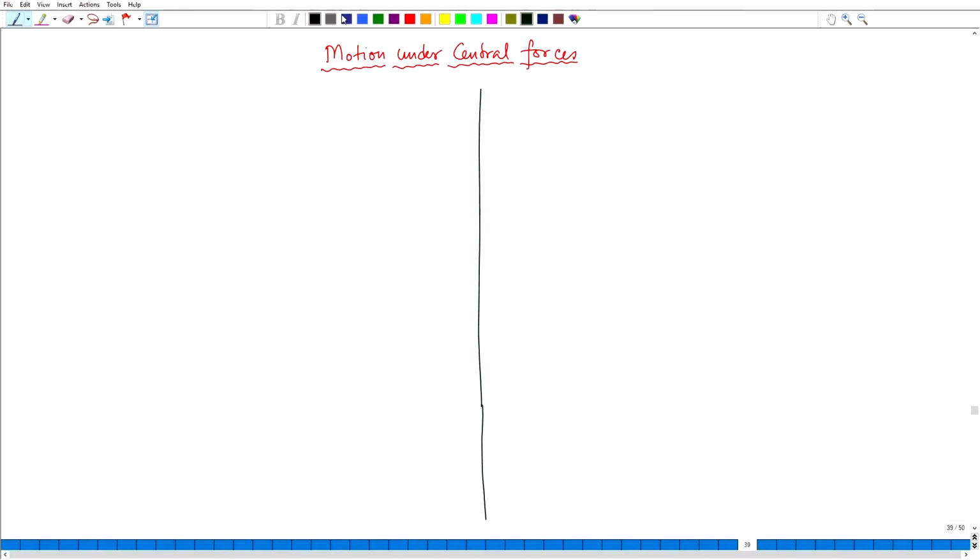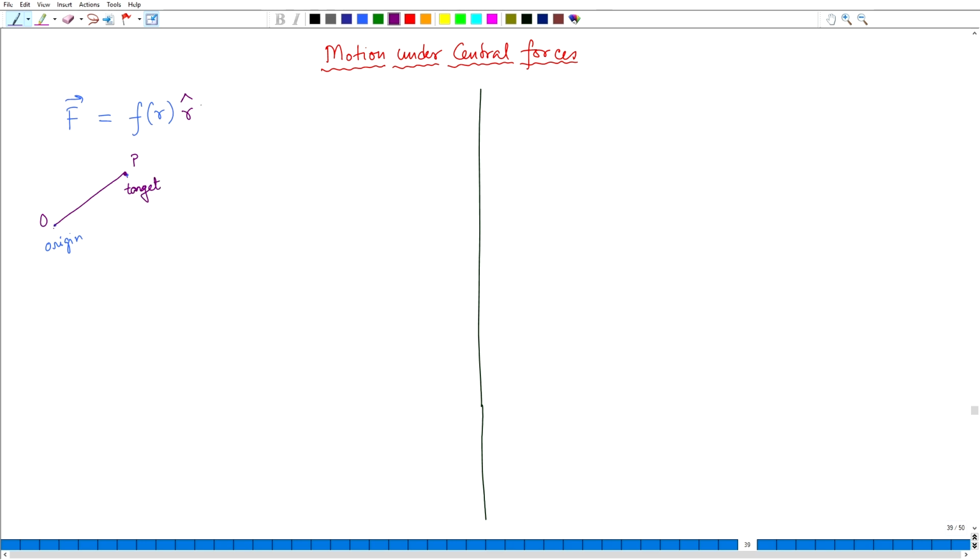If you remember, a central force is defined by its special property: a force whose magnitude depends on the distance from a point, which is called the origin of the force, to the point on which the force is actually acting, and the force is acting along the line joining these two points. I can call this point the origin O and this point P the target point.